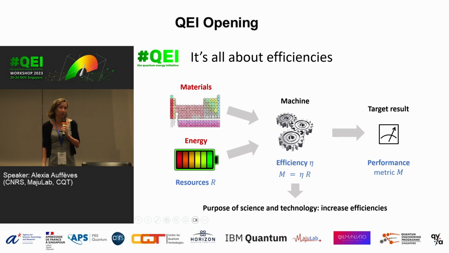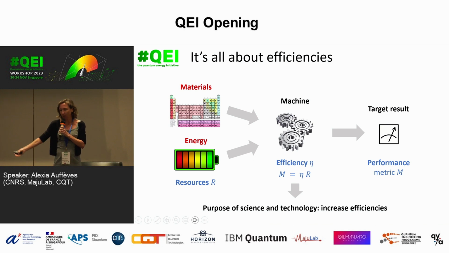So what is this Quantum Energy Initiative? As you're going to see, it's all about efficiencies. So what is an efficiency? It's a concept that emerges if you are a lazy human being and you don't want to do a task, so you build a machine to do the task in your place.